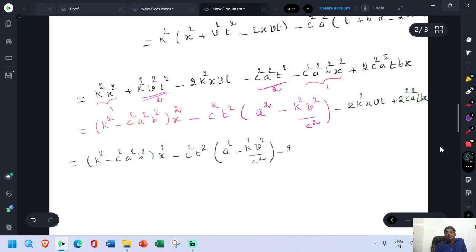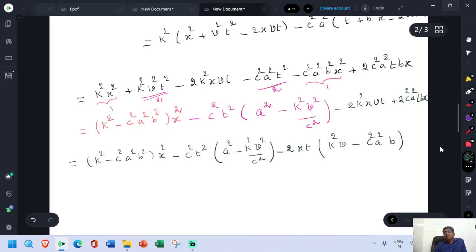Now take out minus 2xt as a common term. If you take minus 2xt, we can have k square v here, then minus 2xt with a negative sign. So the remaining terms are c square a square b.